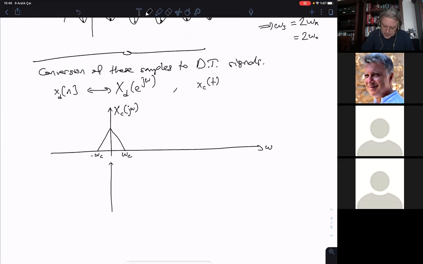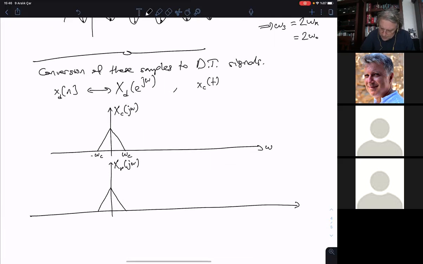And then we sample it to come up with x sub p of j omega, which is the repetitions of these impulses. Fine. So let me illustrate them. I'm trying to find the relation in the Fourier domain, of course. In the time domain, the relation is obvious. It's just the samples.